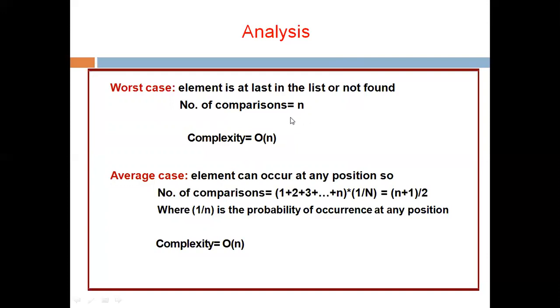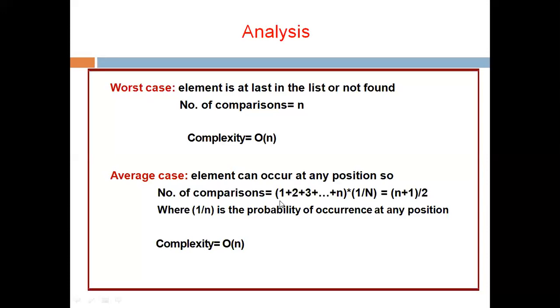If there are n elements, then n comparisons, and hence the complexity is O(n). In the average case, suppose there are n elements, then definitely you know the probability rule. The probability will be 1 by n of occurrence of any element at any position. Suppose we are assuming that all the elements are equally likely to occur.